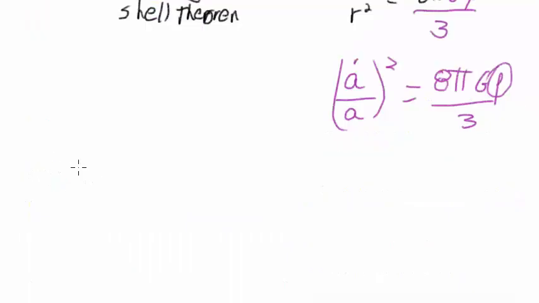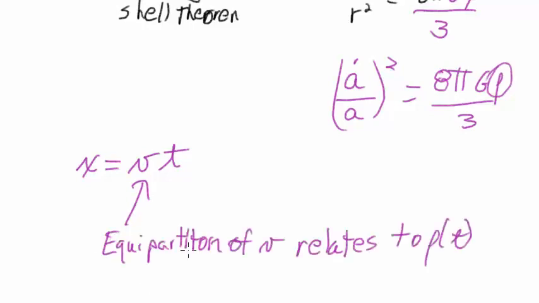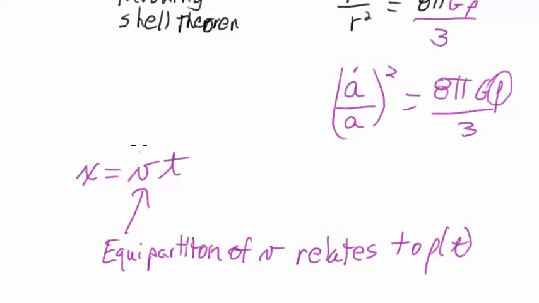Because if the positions of the particles are x equals vt, then there's going to be something to do with the equipartition of the velocities. The equipartition in v relates to the density function in t. How can we make that into a mathematical statement? I mean, I can see already I could just simply replace this with a proportional symbol.